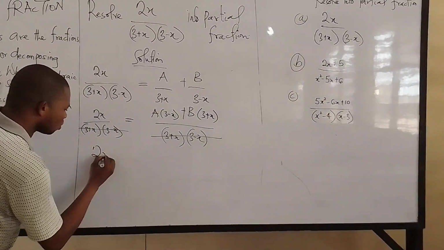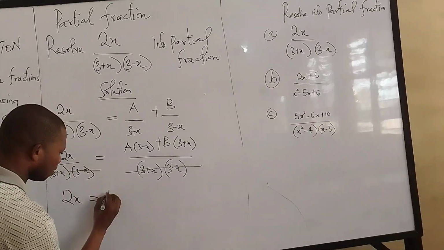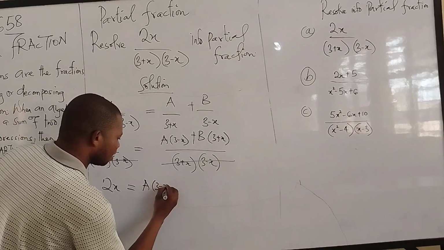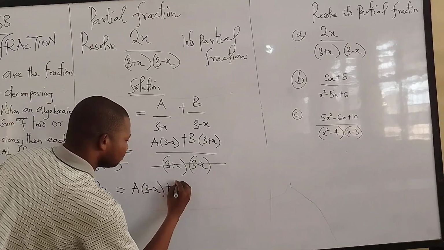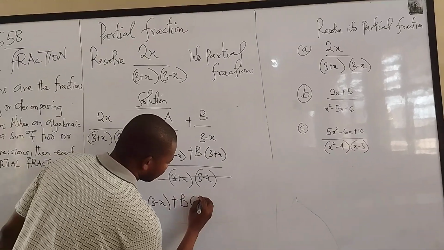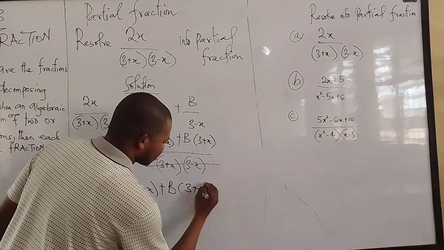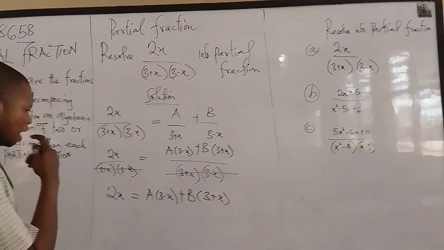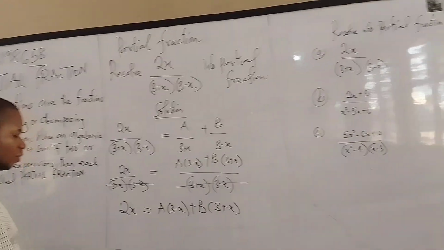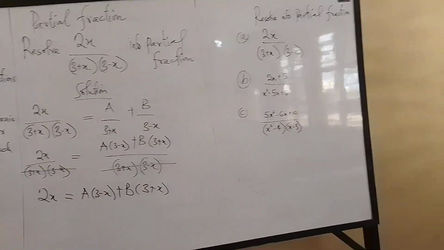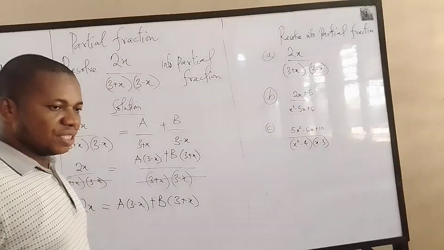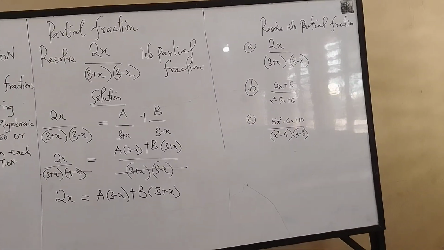You have 2x is equals to a into 3 minus x plus b into 3 plus x. Having gotten to this point, this is where our elimination comes in now.